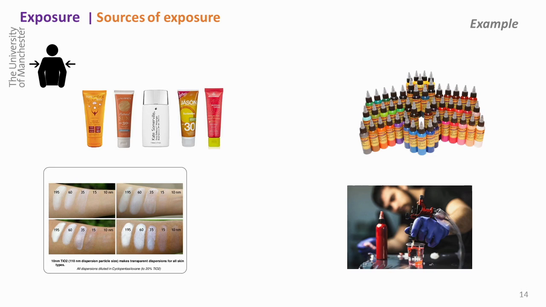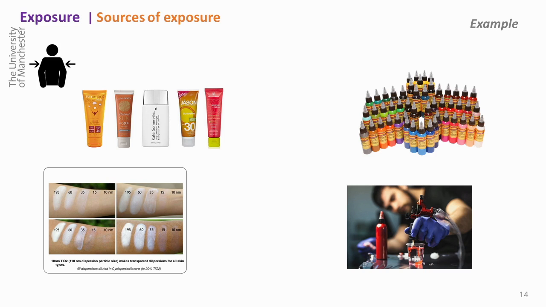Another kind of exposure is on the skin. If you use a cream, usually you can have titanium dioxide nanoparticles in it, because it makes it transparent, so you don't end up with a white cream. But as I'm going to show, it's not great for the body.